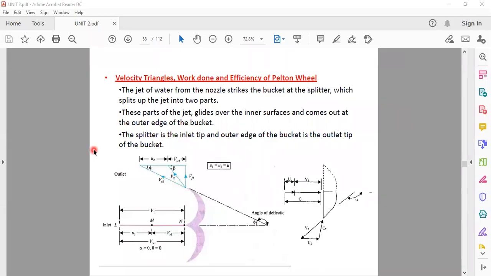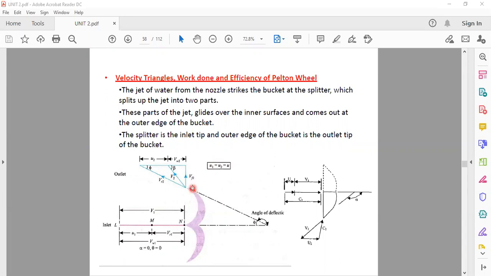So velocity triangles, see here in this diagram, this is the outlet triangle and this is the inlet triangle. This is the blade shape, our Pelton wheel blade shape, top view.